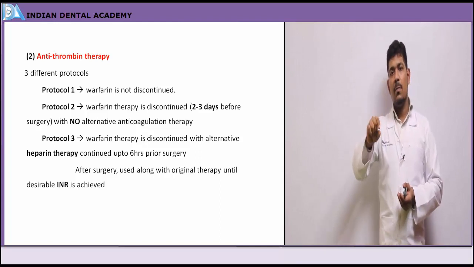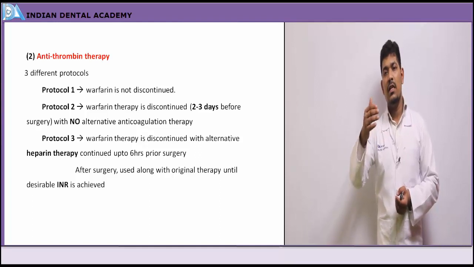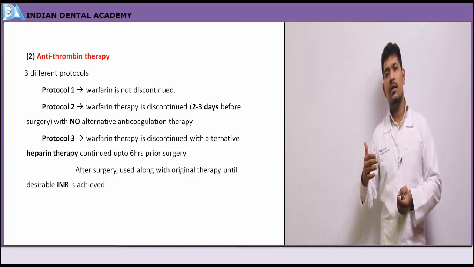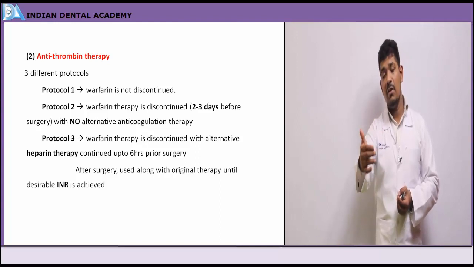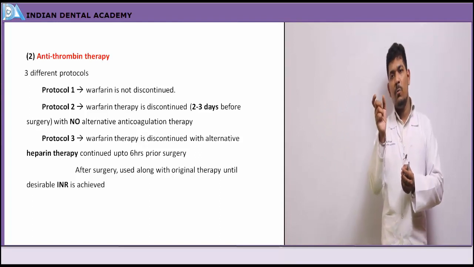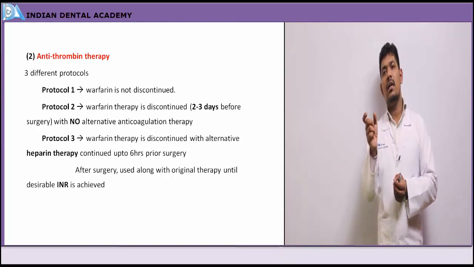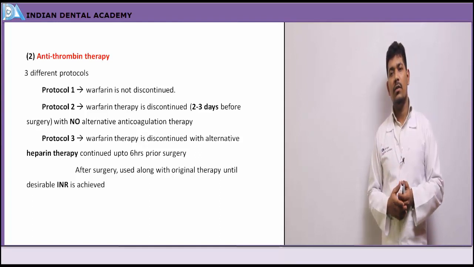So exactly at the point at which your surgery commences, there is no anticoagulation effect of the medications given to the patient, and the patient also has a minimum time period within which he can develop any complication from the lack of anticoagulative therapy.